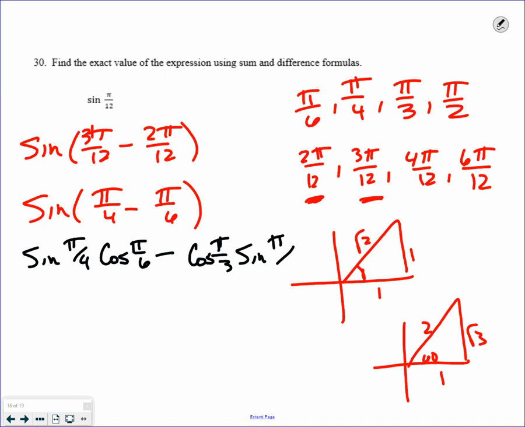All right, hold on. So I've got pi over 6. This one would be cosine pi over sine pi over 6.